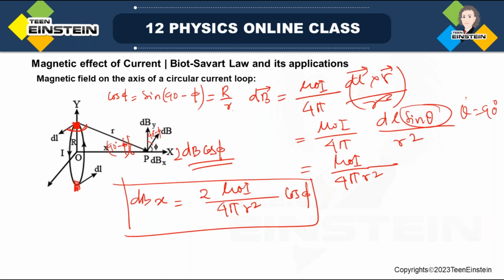I'm sorry, this is r by x. Sorry, that is also not true. Perpendicular r by smaller r. All right, this is fine.